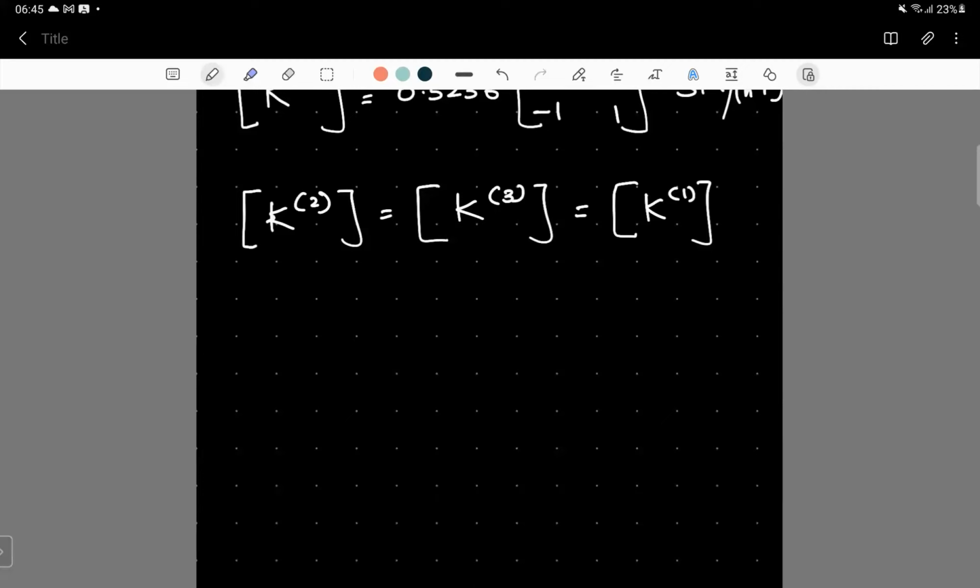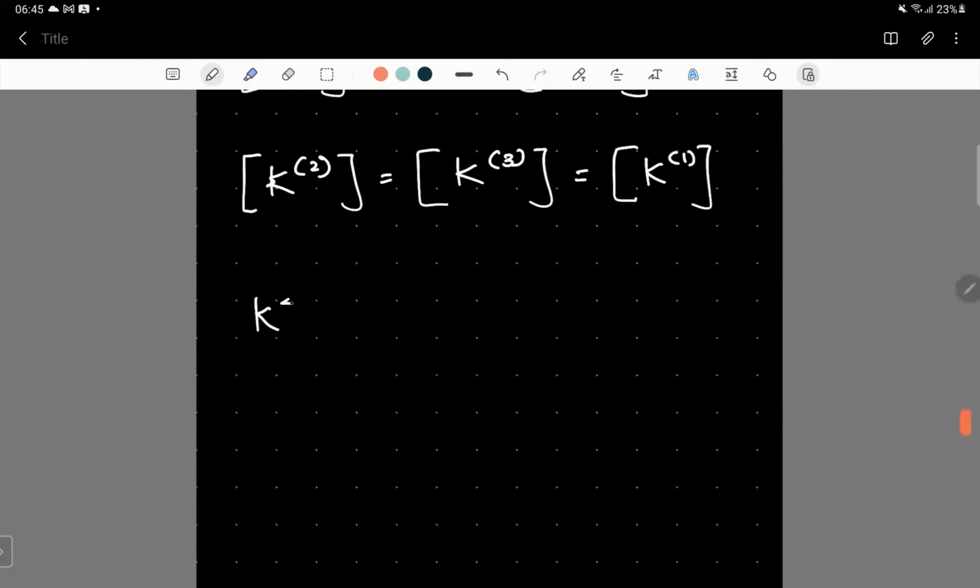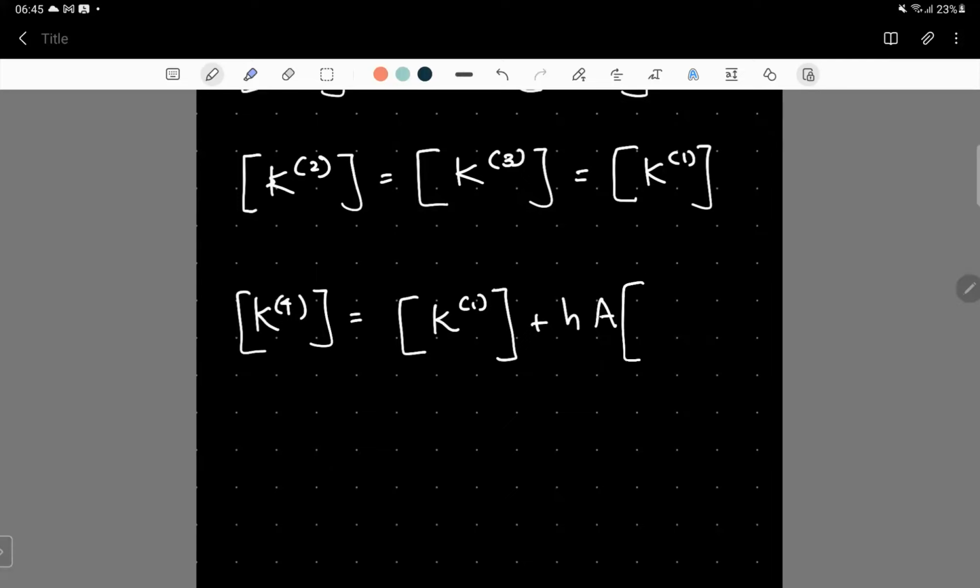Because of that, we need to take that contribution into account. The element stiffness matrix for the fourth element is the contribution from the conduction part summed up with the convective contribution, that is the convective heat transfer coefficient times the area, multiplied by this matrix.